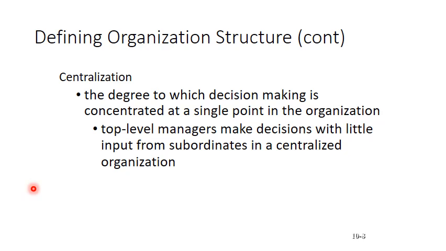Centralization is the degree to which decision making takes place at the upper level of the organization. If the top managers make key decisions with little input from the lower level employees, then the organization is said to be more centralized.